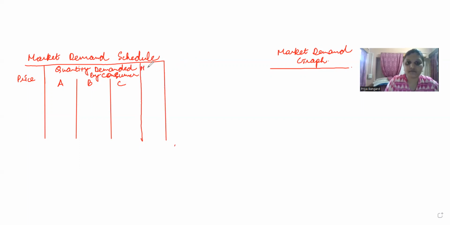Market demand. That is A plus B plus C. That is market demand. And price तो हमेशा रुपीस में ही होगा, अब ये बात तो बताने वाली बची नहीं.